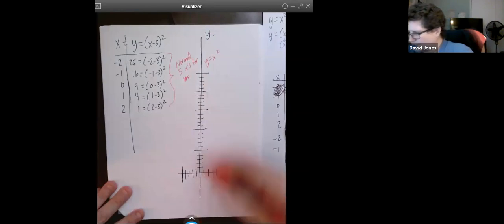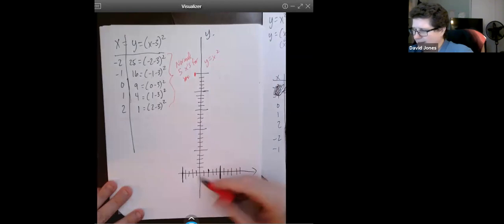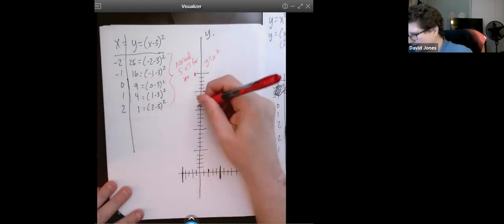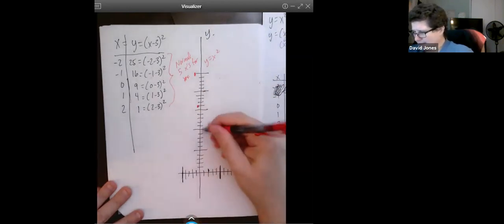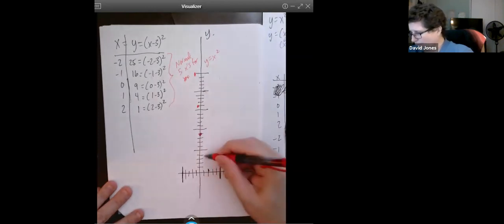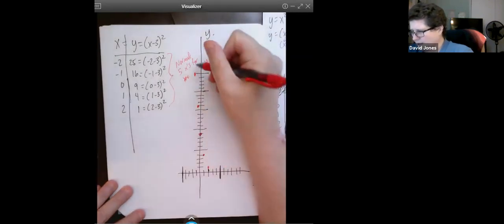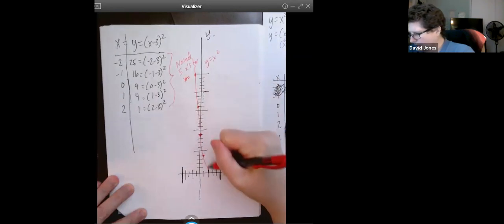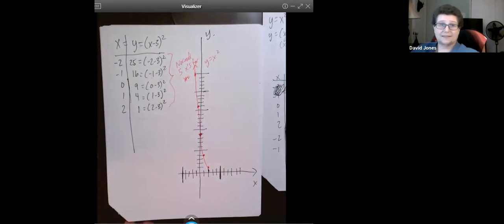I've got -2, 25, way up here. -1, 16: 5, 10, 15, 16 right here is right there. 0, 9: that's 10, so that's 9 right there. I got (1, 4) and (2, 1). That's what plotting the base 5 gives me.